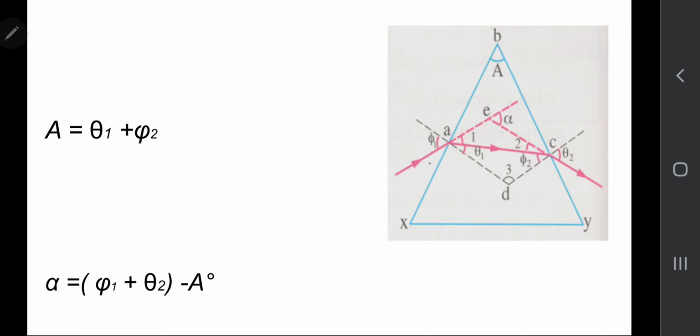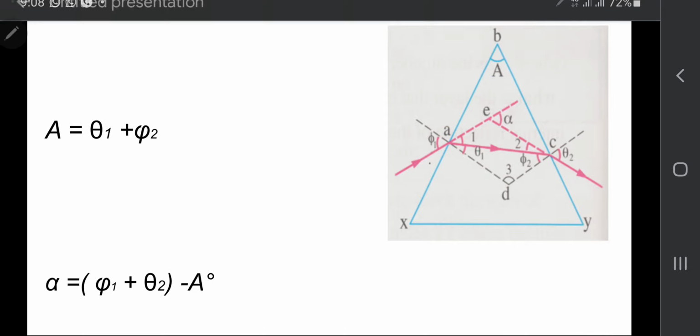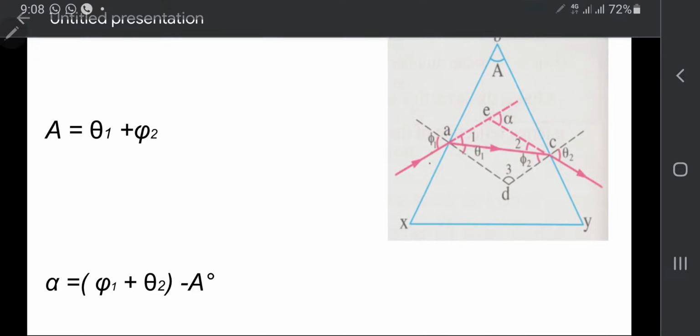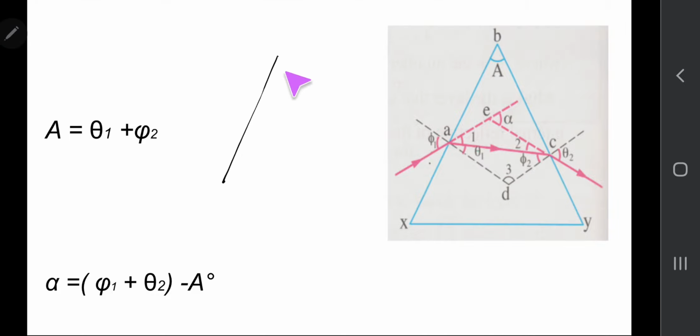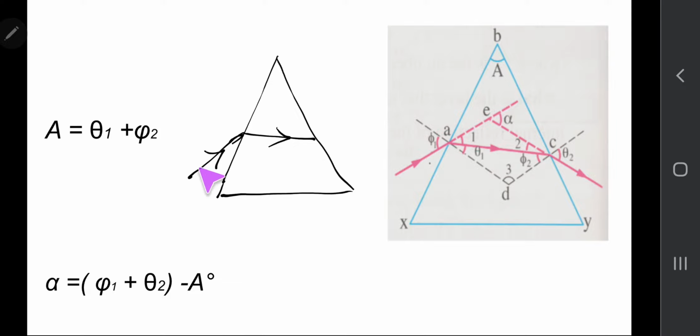But we must know that when light falls on the prism, it must refract and enter the prism, because it comes from a less dense medium to a more dense medium.